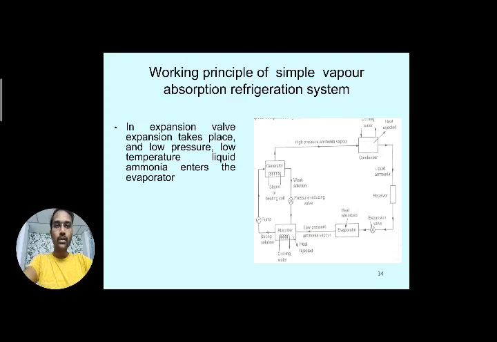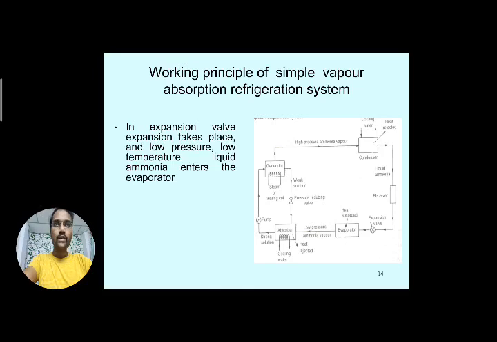In the expansion valve, expansion takes place. Already we know the functioning of the expansion valve. From the receiver, this liquid ammonia comes with high pressure, as there are no pressure reducing devices here, and enters into the expansion valve. The expansion will take place and low pressure is created here.